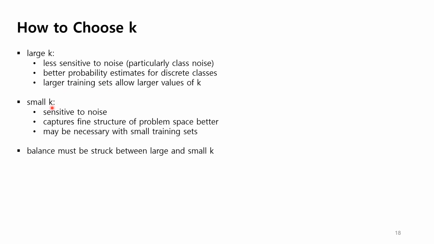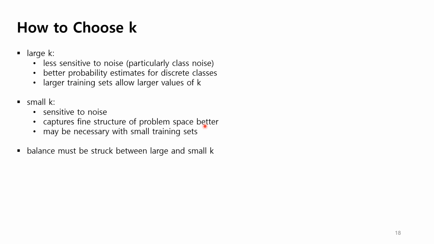On the other hand, small k means you choose just a few neighbors. Then it's the opposite: it's sensitive to noise. So if your data has a lot of noise, a small k is not a good idea. But a small k actually captures the fine structure of the problem space better.